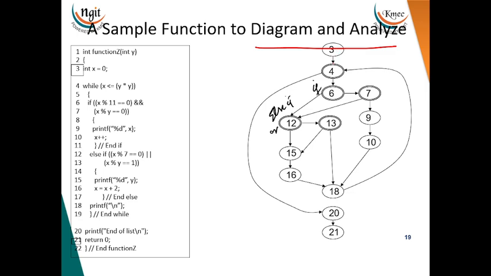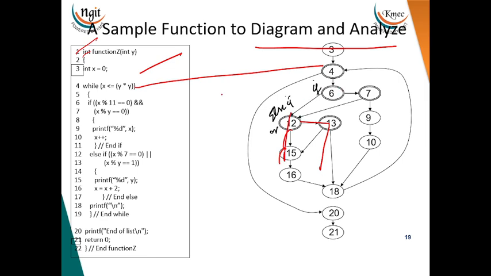Then we have a simple function to analyze. The program is here, with statements 1, 2, and 3. Then we have a while condition, while x is greater than y. Then condition 4, x mod and printf. Whereas here, if I have an else if, then I go here. These are all conditions.